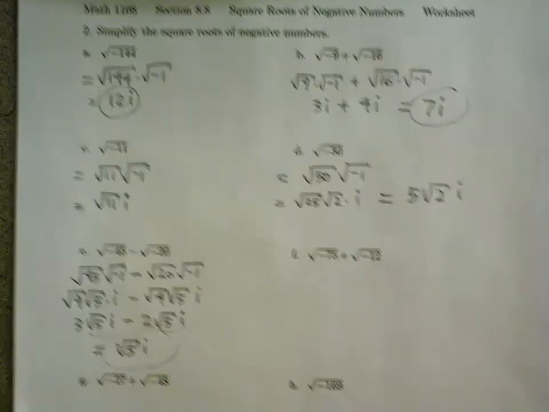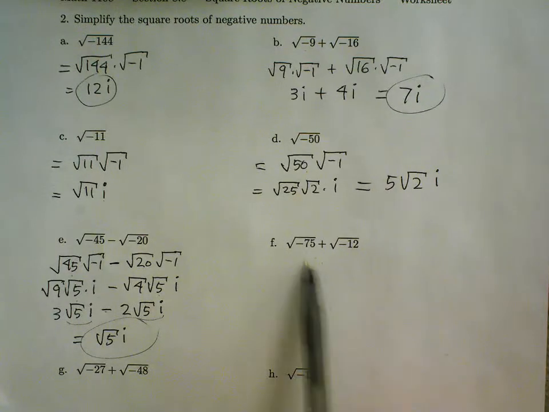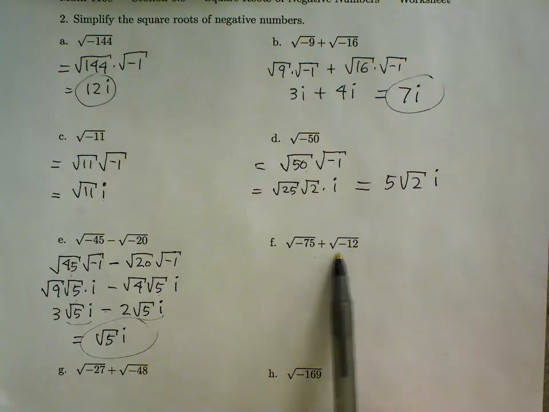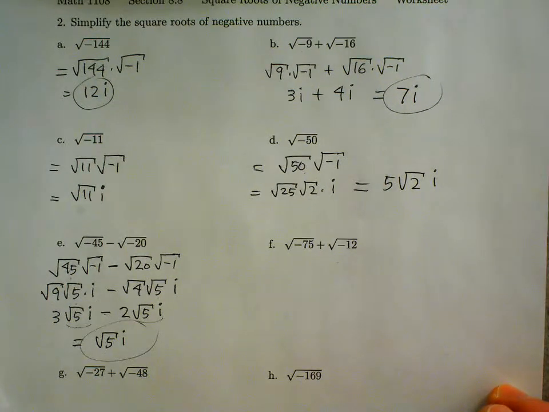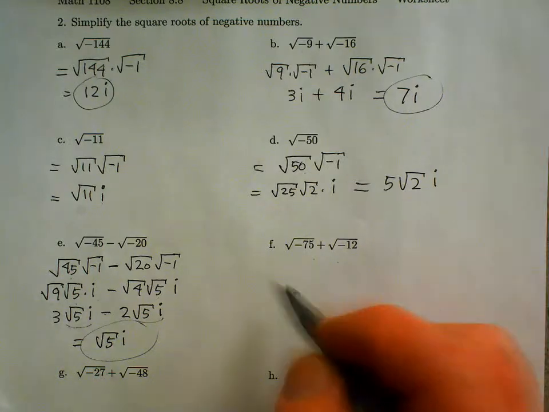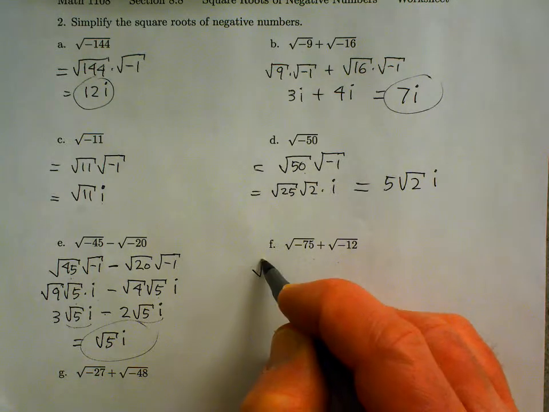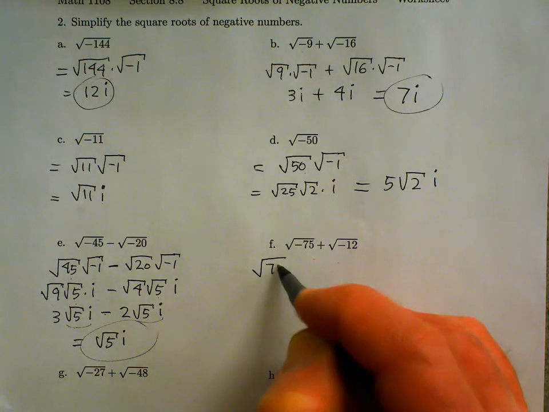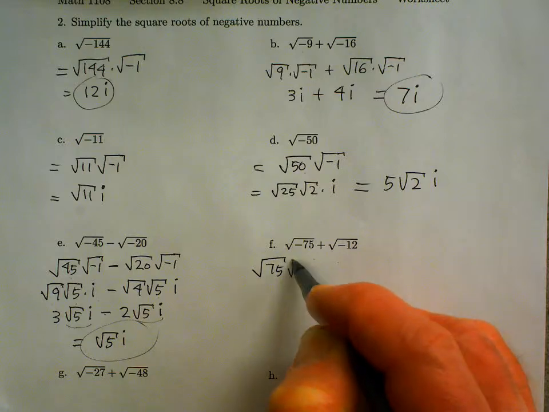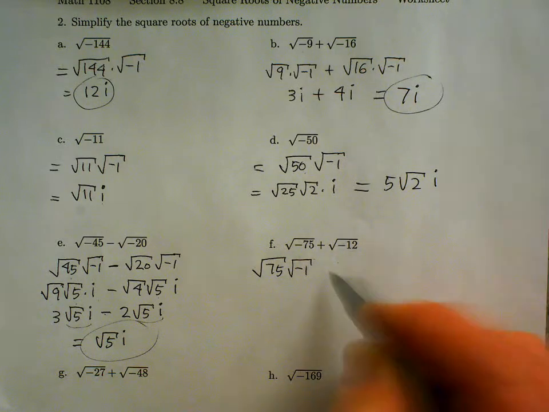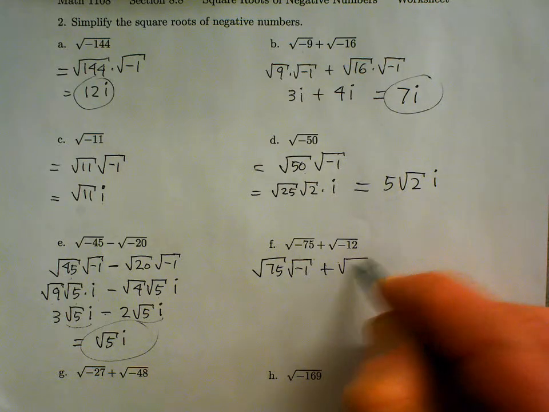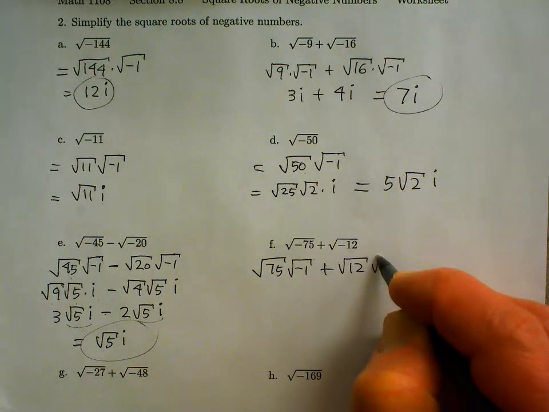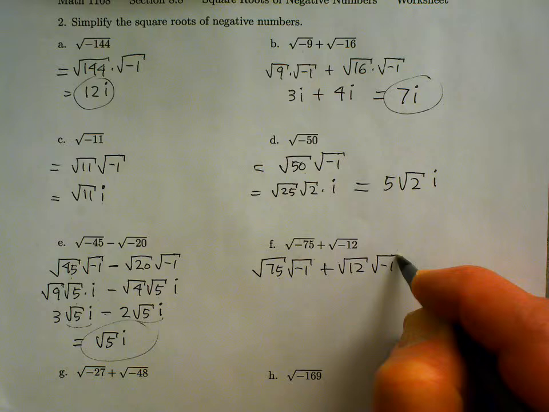Okay, the next one, the square root of negative 75 plus the square root of negative 12. So first write it as the square root of 75 times the square root of negative 1. And then rewrite the square root of negative 12 as the square root of 12 times the square root of negative 1.